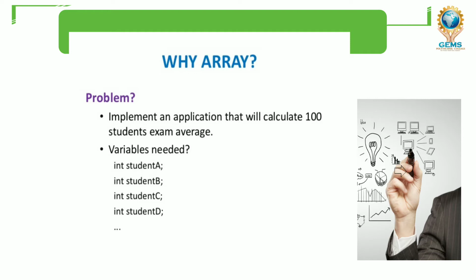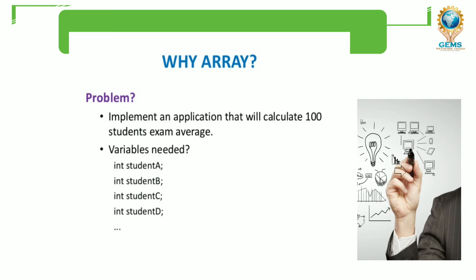If you want to declare a variable for each student every time, a variable number 1, again number 2 variable, number 3 variable for the third student, number 4 variable for the fourth student, number 5 variable for the fifth student, like that. To store each student's marks, every time you have to declare one particular variable related to a particular student.